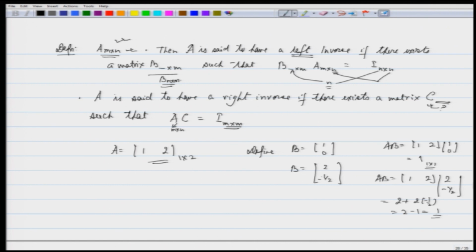But in this case, we will see that I cannot have something on the left. This was looking at B as a right inverse. So, this is getting a right inverse. If we want BA to be identity I2, look at this, A is of size 1 cross 2, therefore this is 2.